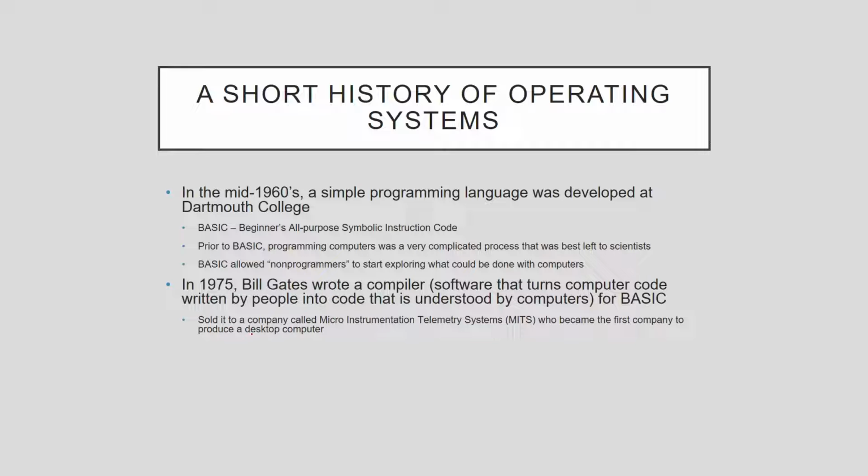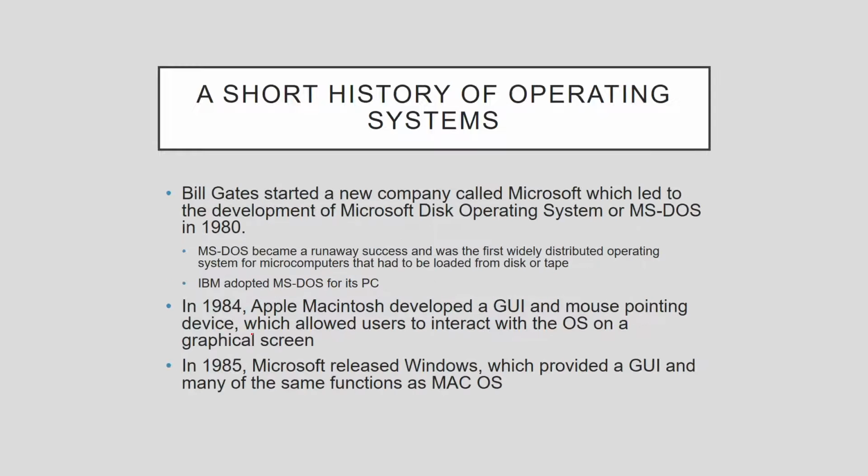That same year, Gates dropped out of Harvard to dedicate his time to writing software. Other programming languages introduced around this time were Pascal, C, and other versions of BASIC supplied by various computer manufacturers.